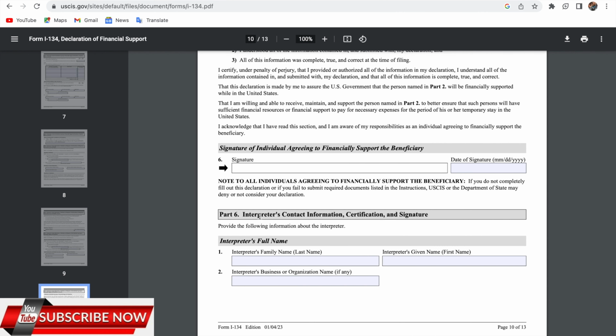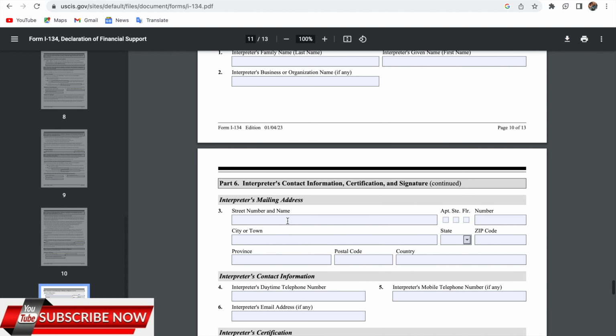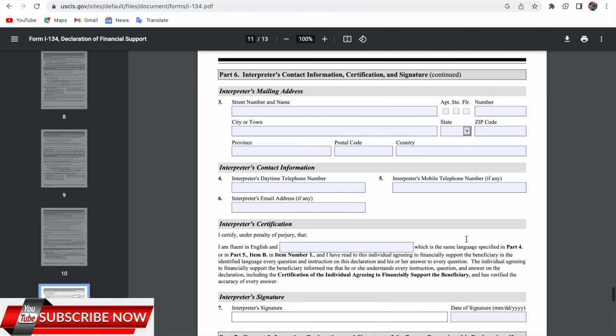And for the interpreter, if you had to go with an interpreter, you put in the interpreter's name over here, the interpreter's business or organization if they have one, the interpreter's given name and family name. You put in the interpreter's mailing address, so where the interpreter lives, and the interpreter's contact information.